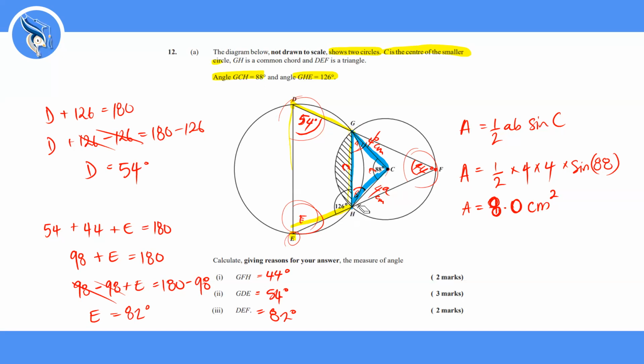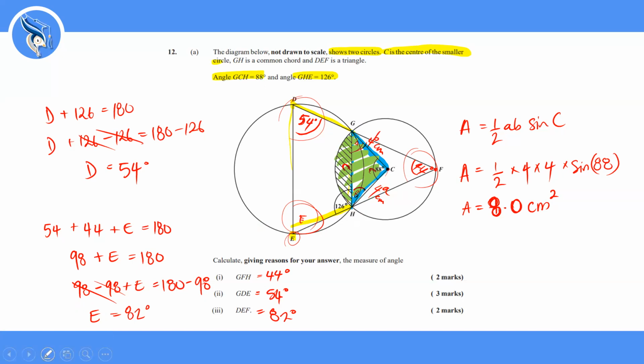Hope you're following. HC, GC, radii, and then the arc GH. So that forms a sector, which is a part of a circle. Let me highlight that in green maybe, so you can follow. So all of this right here, this sector, that's what we need to find the area of.